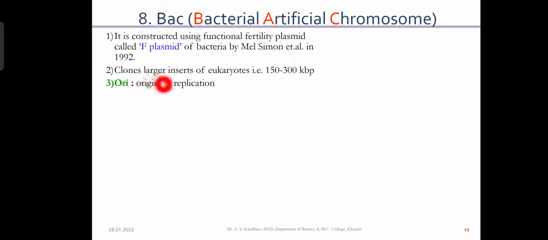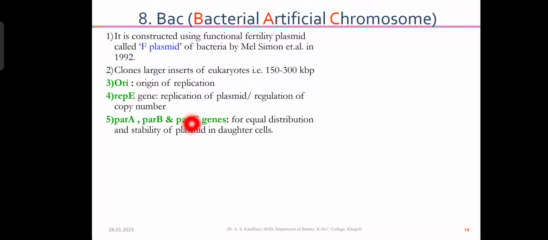It has origin of replication site, that is ori site. It has a repE gene, that is replication of plasmid, regulation of copy number. तो ये जो जीन है ये रेप्लिकेशन करता है प्लाज्मिड का और उसका कॉपी नंबर भी रेगुलेट करता है.